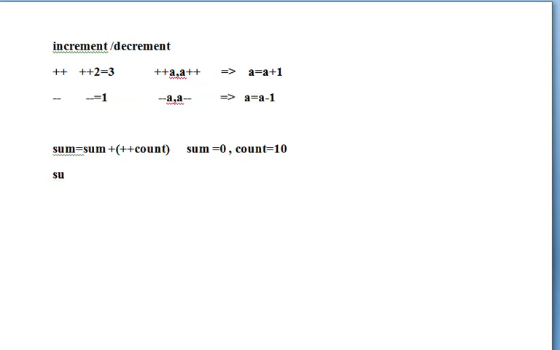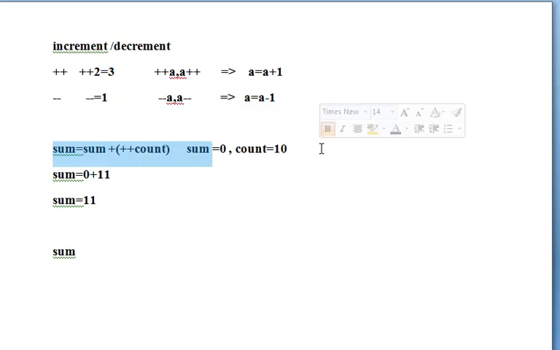So the output will be sum is equal to 0, printed as it is because that is the initial value of sum. Plus plus count means first we have to increment the value by 1. So count 10 is incremented by 1, it will be 11 now because we first increment, and the answer of sum will be 11. Fine.